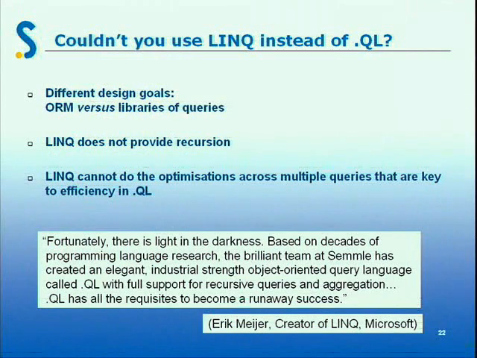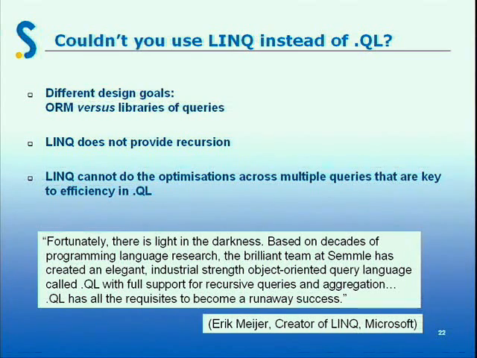There's a couple of answers to this. First of all, LINQ has a different design goal. It's about object relational mappings, and it's not about creating libraries of queries. Perhaps more importantly, LINQ doesn't provide recursion. And recursion is completely key. I mean, you cannot do this kind of source code analysis without being able to do recursive queries.